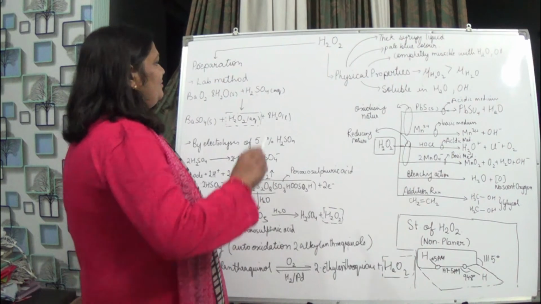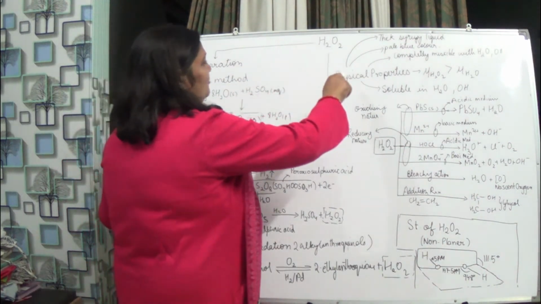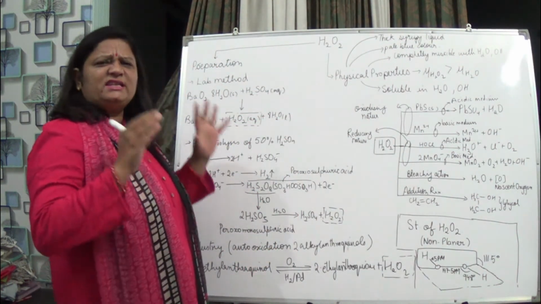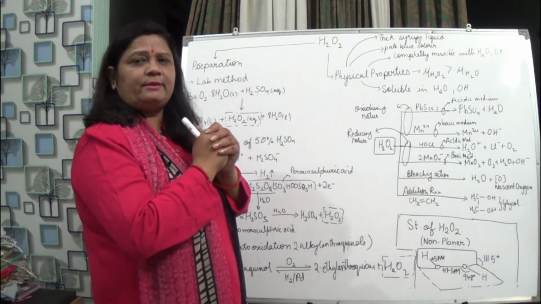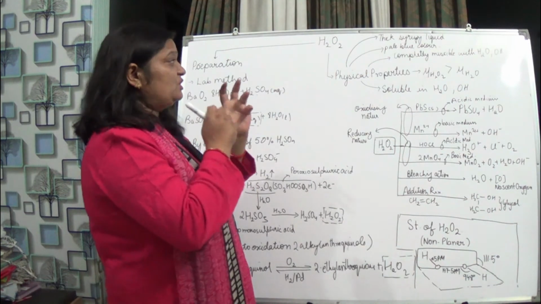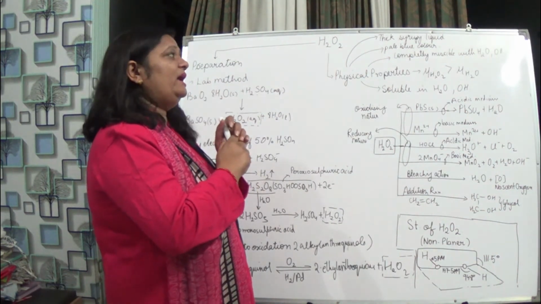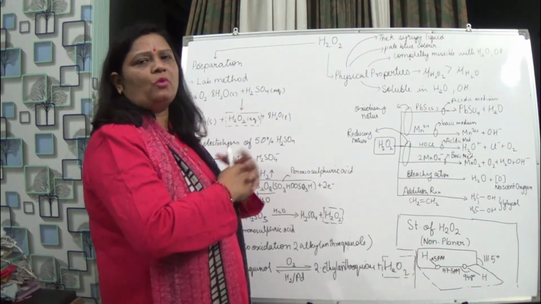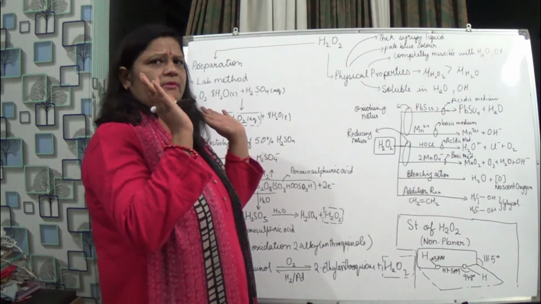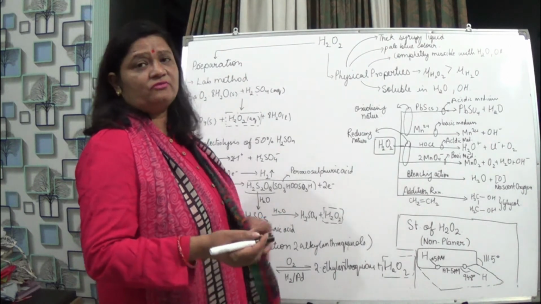Now, when we talk about the physical properties, hydrogen peroxide is a thick syrupy liquid with a pale blue color, and when we dissolve it in water, it is totally miscible in water, like you can see in the case of vinegar.